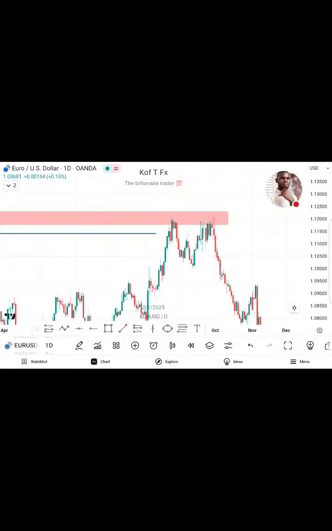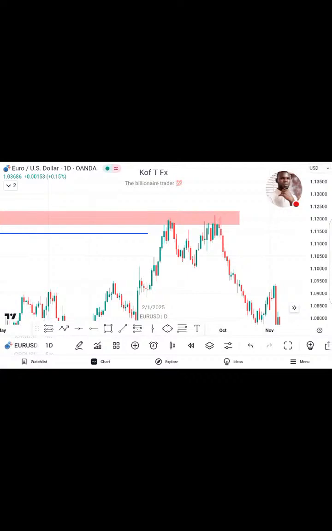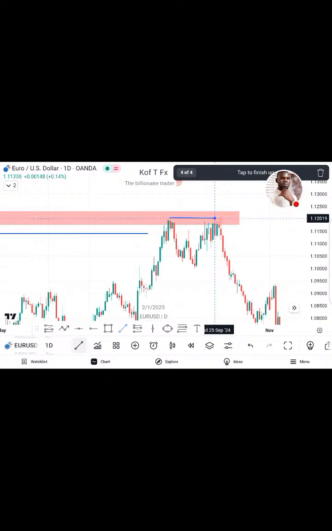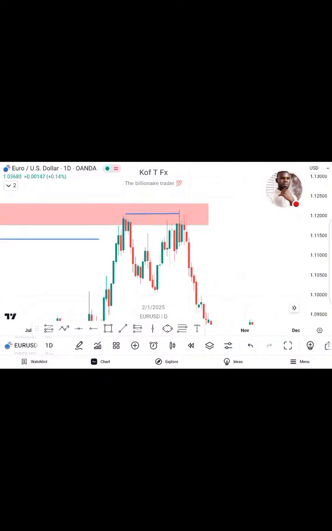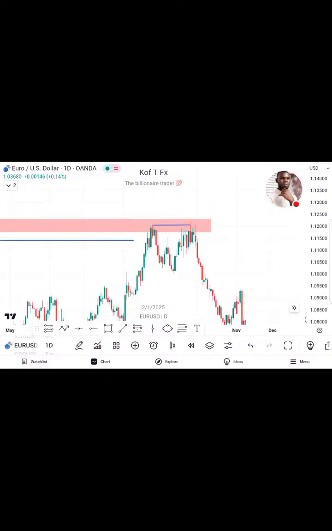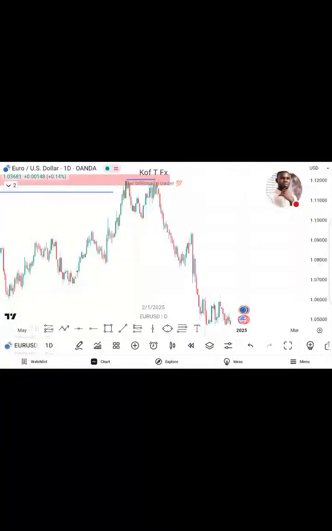And even before the downward move, before the drop, we have this being taken out. It also took out a liquidity and boom, we have that massive drop.